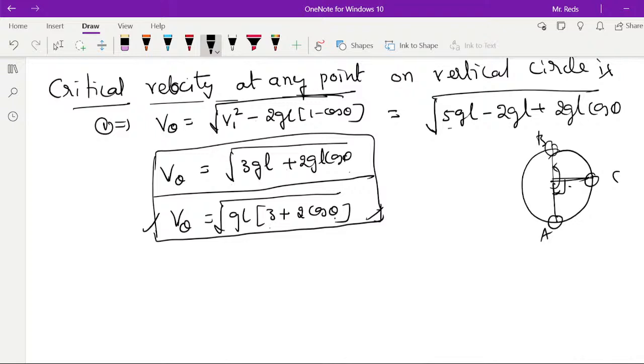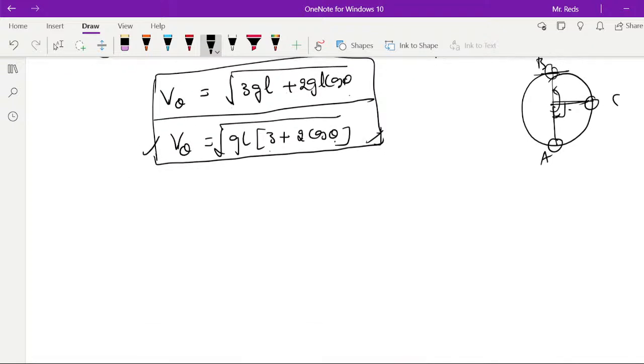Whereas tension, minimum tension in the string: already while getting the velocity at the topmost point, we have considered one condition. The tension should be greater than or equal to 0, we have taken. Likewise, tension at any arbitrary point if you want. So we can say a minimum tension.